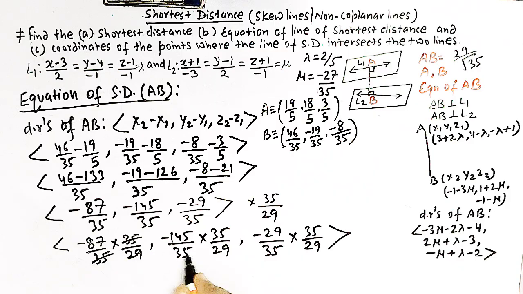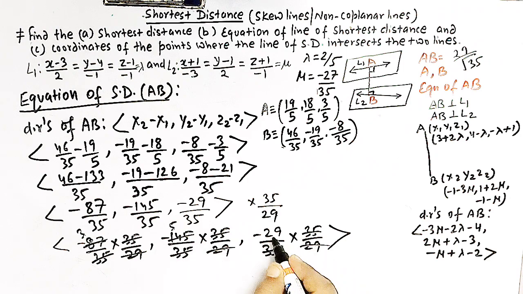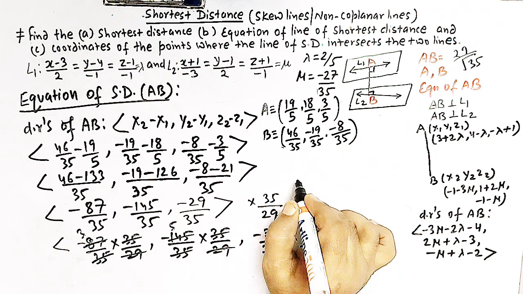So here we have now cancelled the common factors. Here we have 29 times 3, here we have 29 times 5, and here 29 and 29 get cancelled.